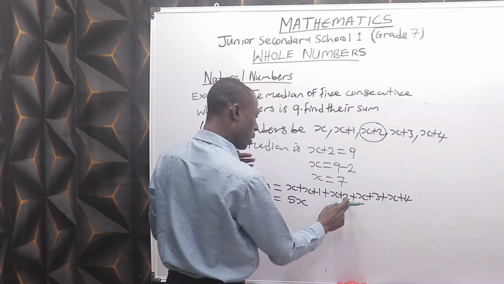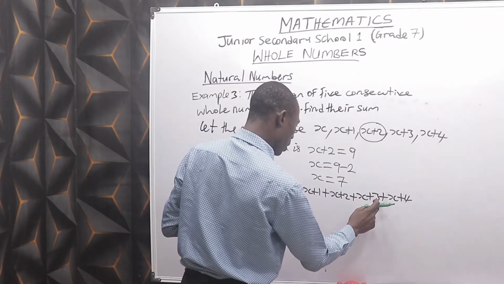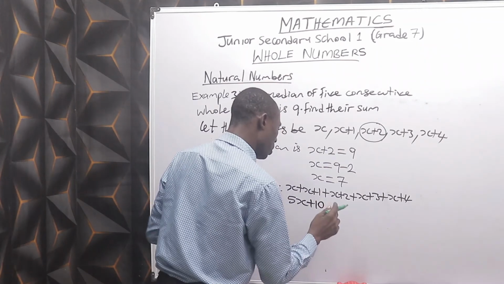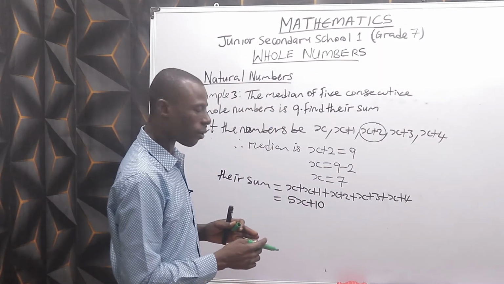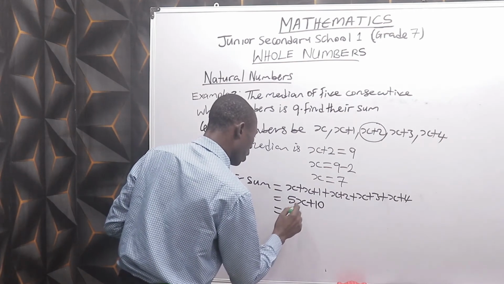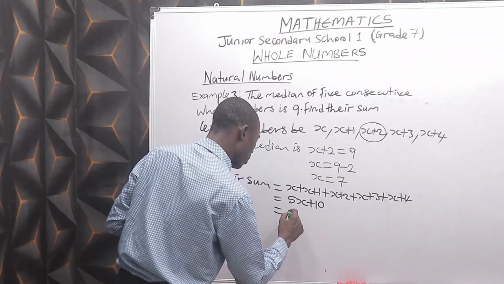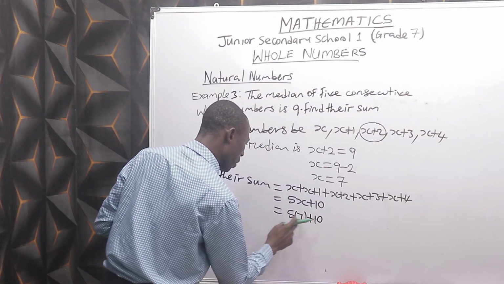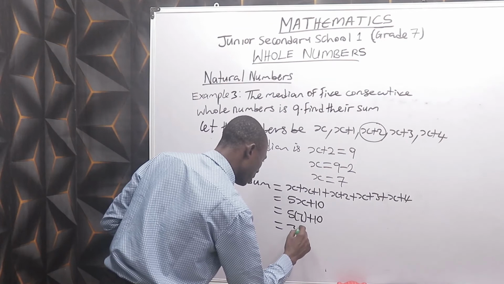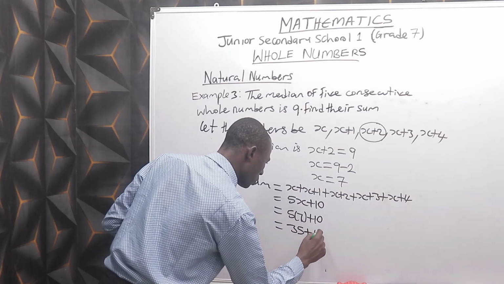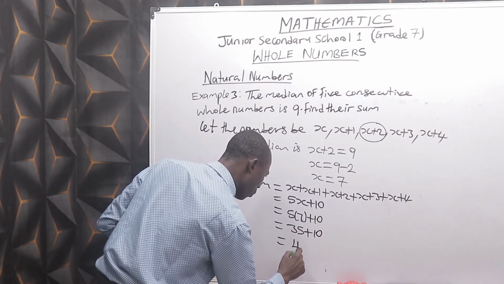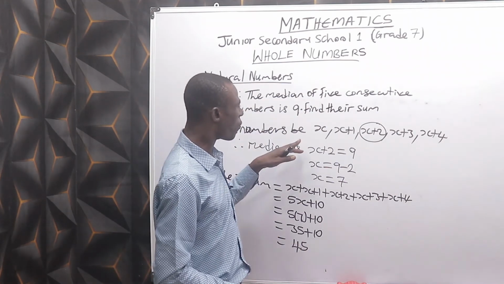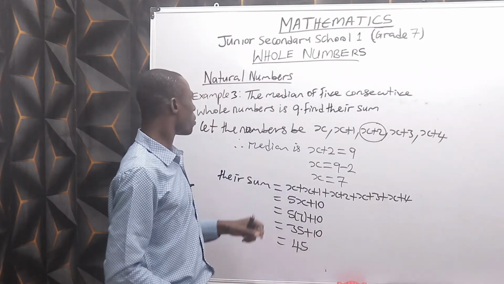Yes, 1 plus 2 is 3, plus 3 is 6, plus 4 is 10. That's the sum of the 5 of them. But we have known the value of x to be 7, so we have 5 times 7 plus 10. 5 times 7 is 35. 35 plus 10 gives us 45. So 45 is the sum of the 5 consecutive whole numbers.